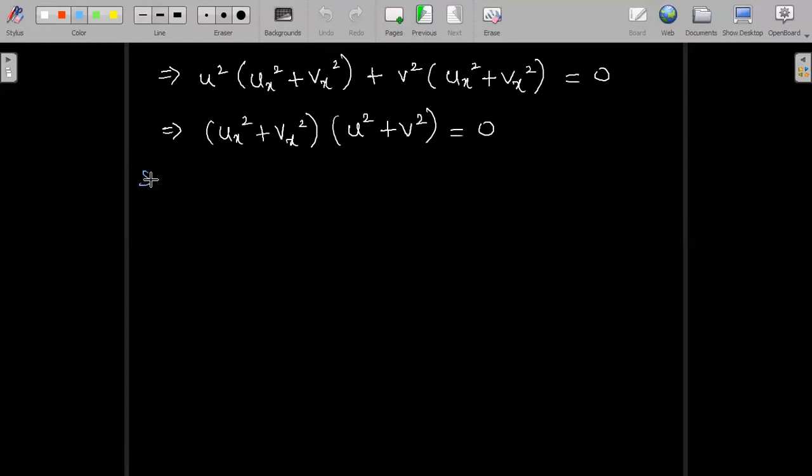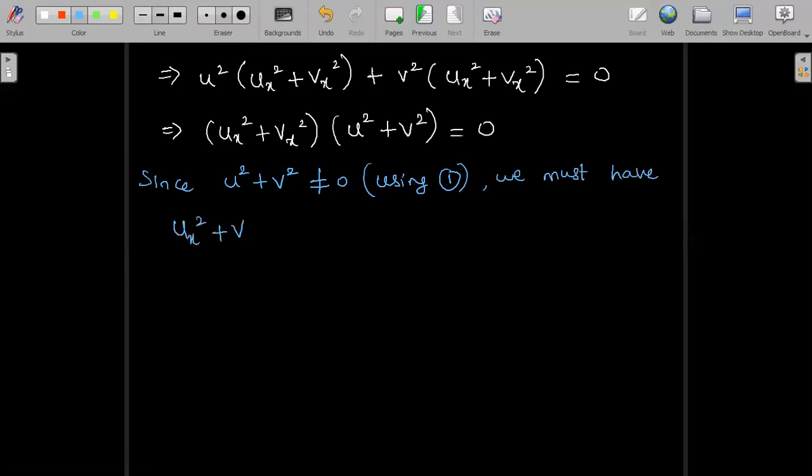So we'll just quote the same thing as a reason and write down below. Since u square plus v square is not equal to 0 using equation 1, then we must have ux square plus vx square equated to 0.